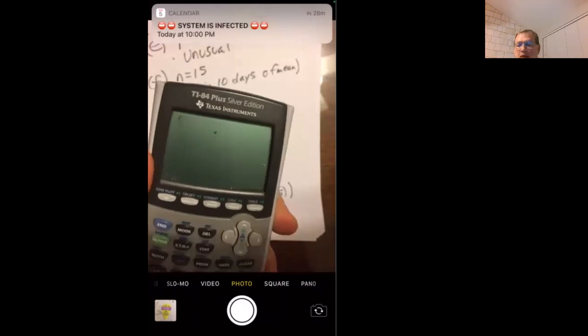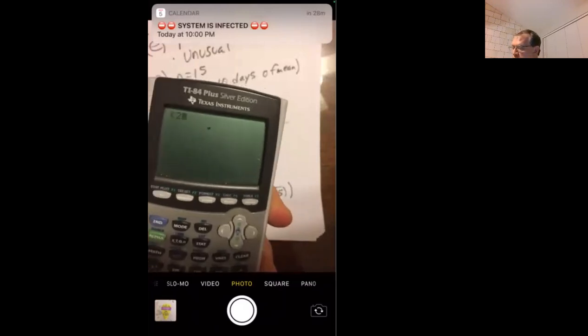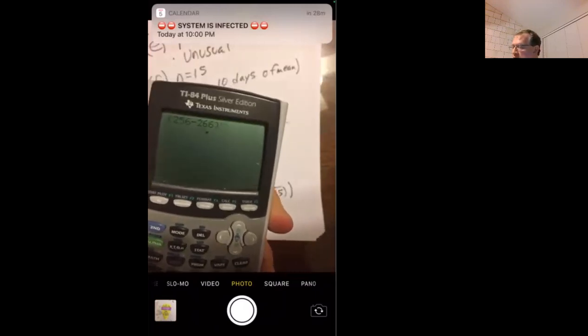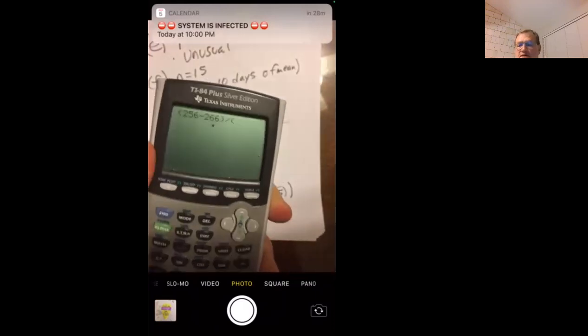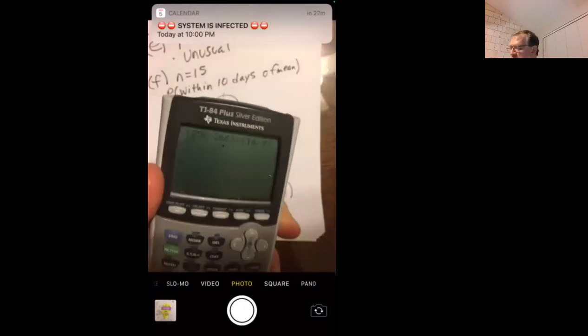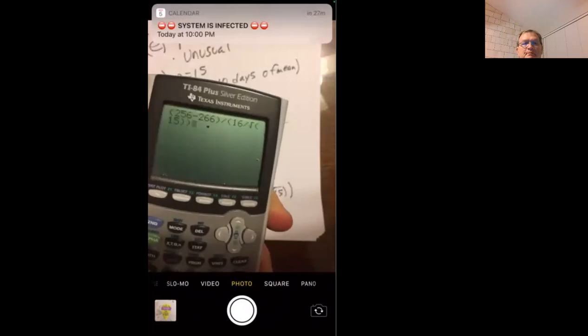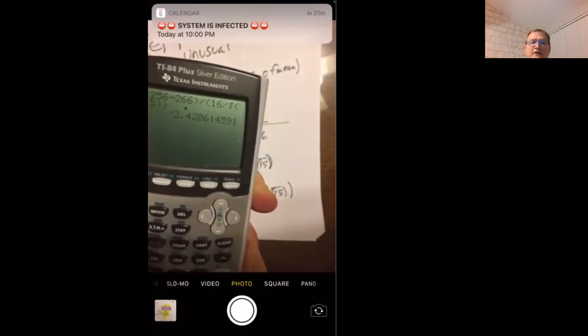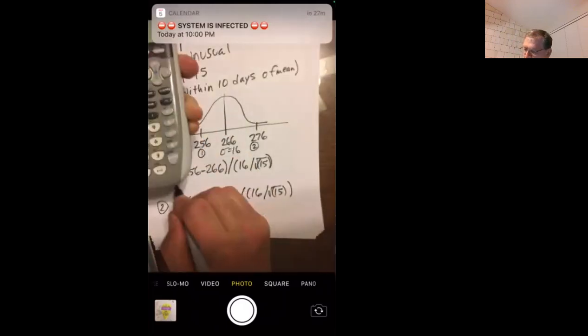So I'll do the first one. 256 minus 266 divided by parentheses 16 divided by the square root of 15. Negative 2.42.